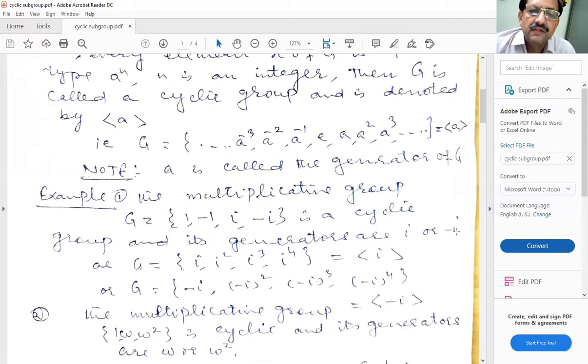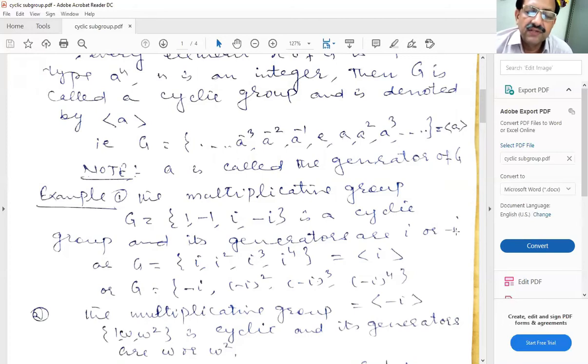Example number 1. The multiplicative group G equal to {1, -1, iota, minus iota} is a cyclic group, and its generators are iota and minus iota. हमने अभी एक multiplicative group, इसका माने होता है G एक group है under the operation of multiplication, and G contains the four elements 1, -1, iota, minus iota, and this cyclic group is generated by iota and minus iota.